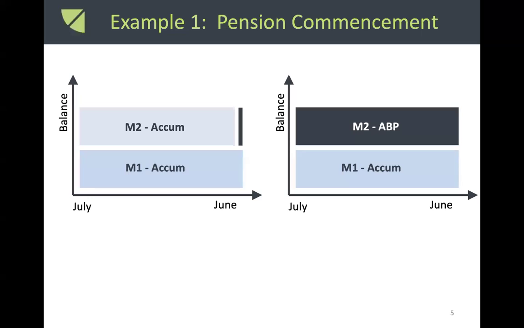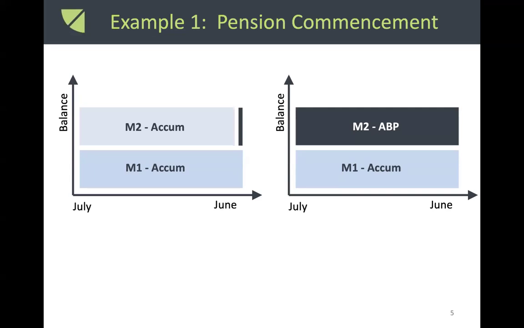And on the right, this member is in pension for the entire year, and the ECPI is going to be around 50% because M2's balance makes up around 50% of the fund and it's all in pension, versus M1, who is all in accumulation.